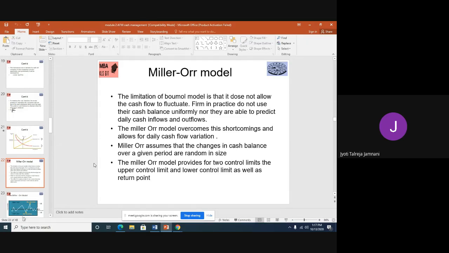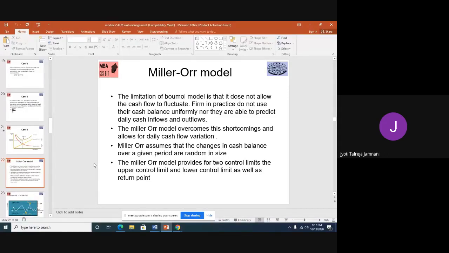The Miller-Orr model provides two control limits, the upper control limit and the lower control limit, as well as the return point. Instead of telling how much cash I will use with 100% surety, you can give control limits: an upper and a lower limit and the return point, which will be the average.